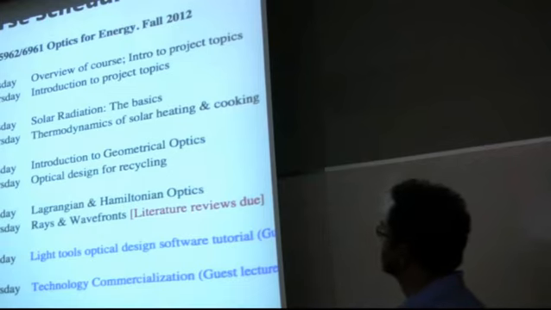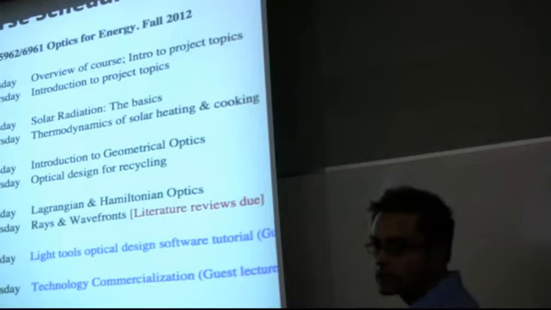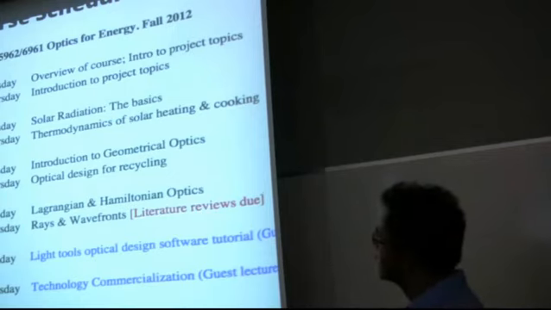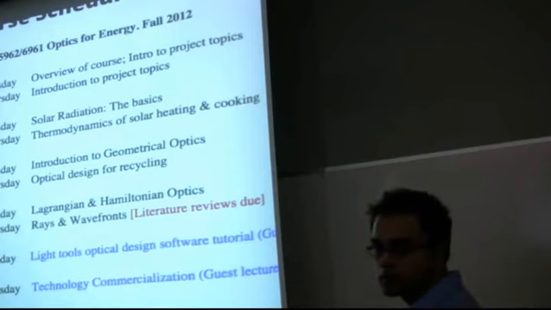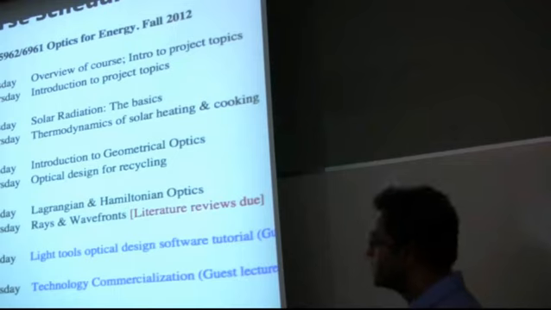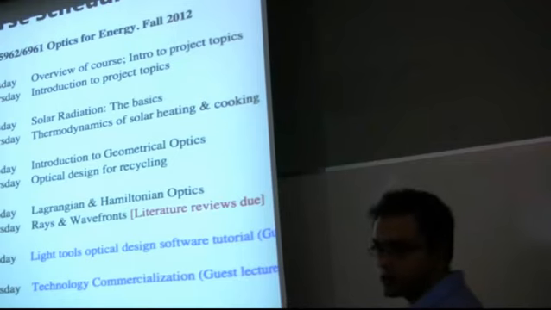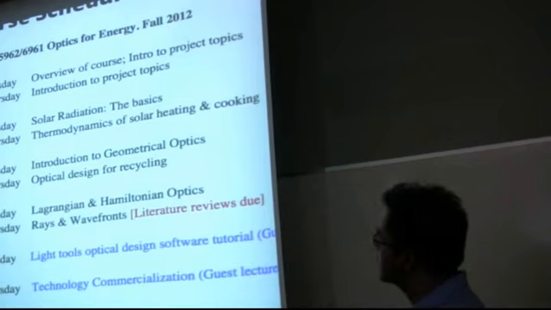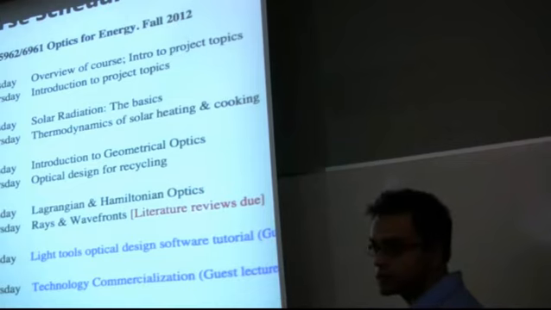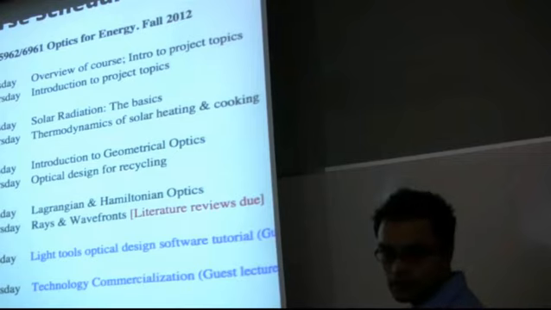Today we'll go through the overview of the course and maybe look a little bit into some of the project topics. Thursday we'll look a bit more into some of the other project topics, again on a bigger overview level. And starting next week we'll start talking about optics a little bit, solar radiation, some of the basic understanding of the properties of sunlight, thermodynamics of sunlight.